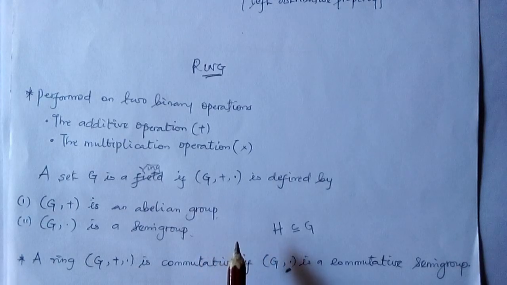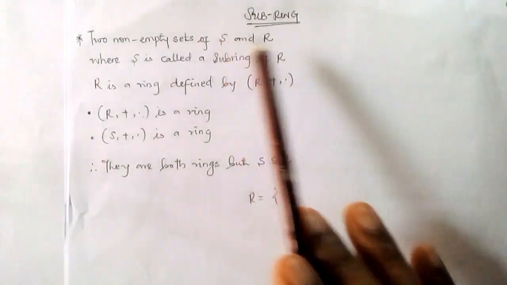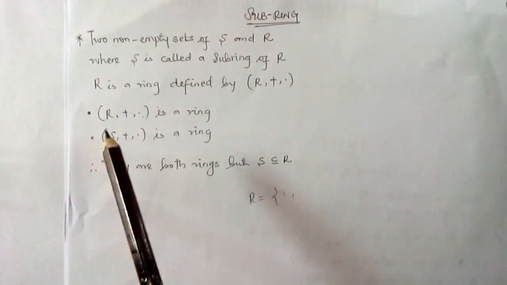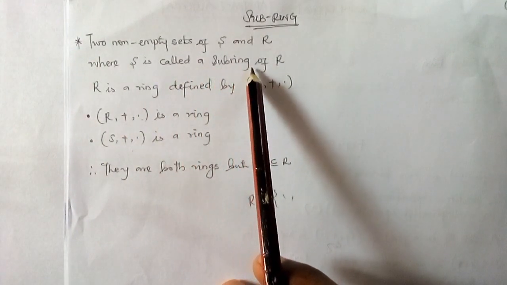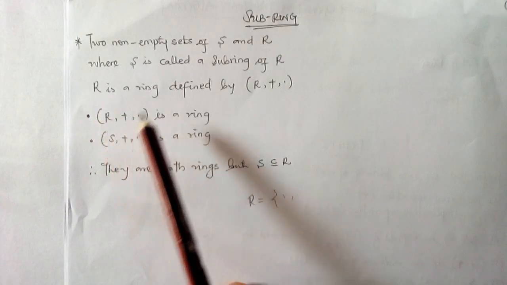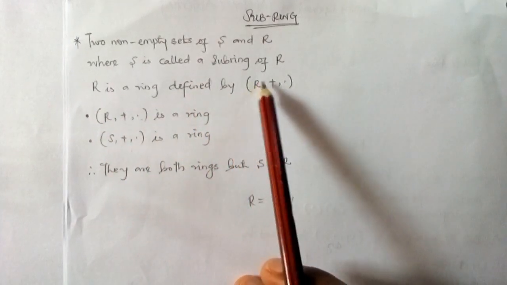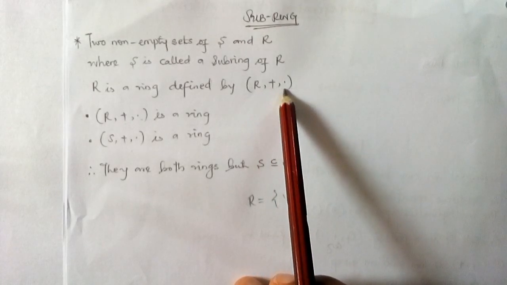The last part we'll be looking at is the subring. We have two non-empty sets, S and R, and S is called a subring of R if R itself is a ring defined on two binary operations, the additive operation and the multiplicative operation.